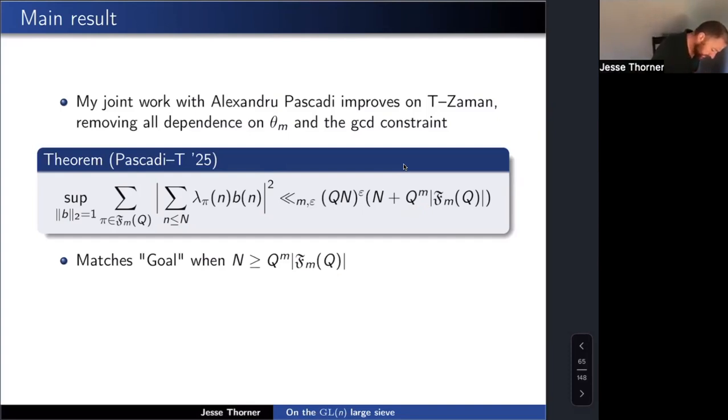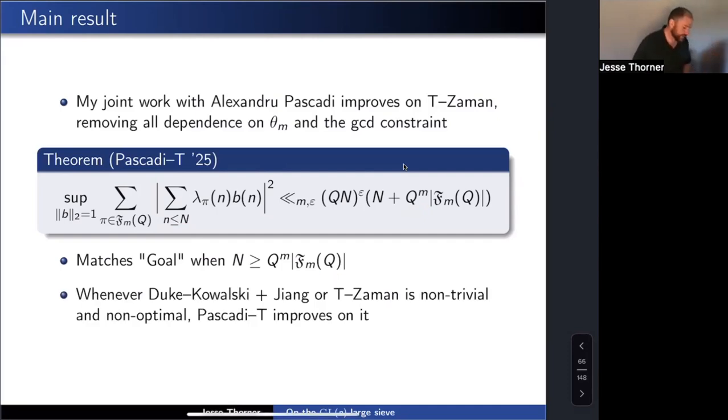And the nice thing about this result is that compared to the previous two results, well, maybe there's a range of N in which Duke, Kowalski, and Jiang, or my work with Zaman, might be trivial relative to what Cauchy-Schwarz gives. We'll assume first that it's non-trivial.